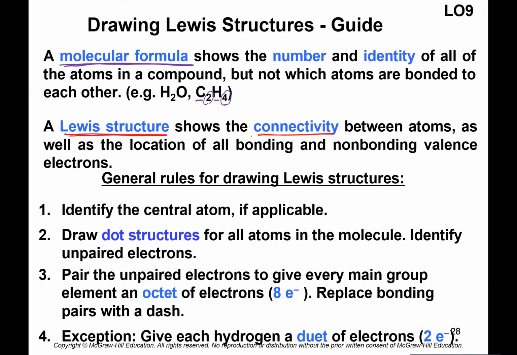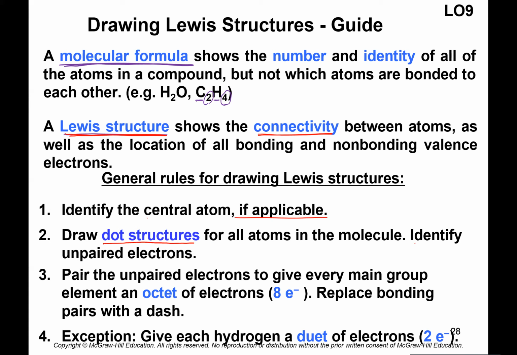The general rules for drawing Lewis structures are outlined here. First is identifying the central atom, if applicable. That's not always applicable, and in the first few examples we will not have to do that, but in the later examples in this video, we will be identifying the central atom. Once you have identified the central atom, if applicable, go ahead and draw the dot structures for all of the atoms in your molecule.